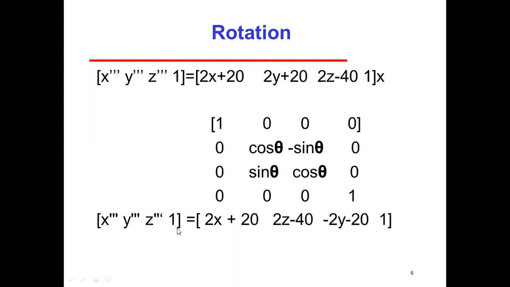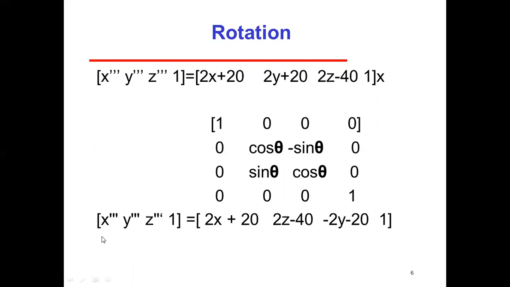These are the points after three transformations: after translation, after scaling and then after rotation. And these are the initial points. It will depend on the initial points because we keep these points in the form of x, y, z.